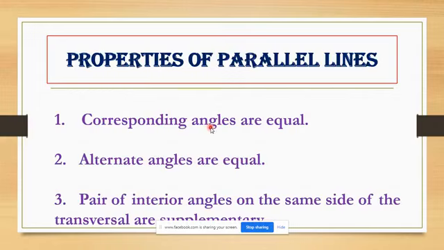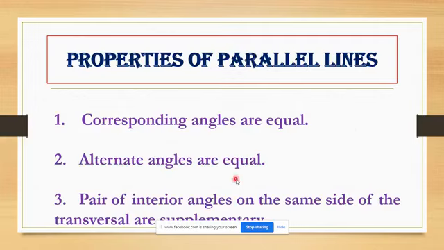There are four pairs of corresponding angles if two parallel lines are intersected by a transversal, and in each pair two angles are always equal, always congruent, always have the same measurement.